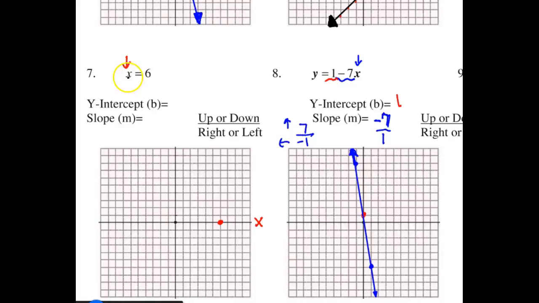And since it's x equals and not y equals, for the y-intercept, there is none. And for the slope, it's going to be undefined. What kind of line has an undefined slope? Vertical. All right, so 7 and 9 are kind of opposites of one another.